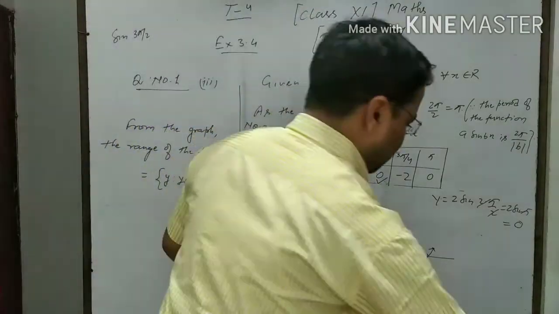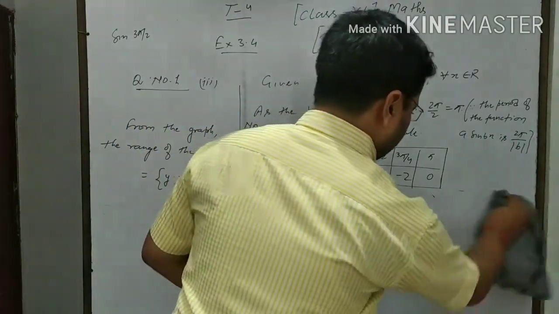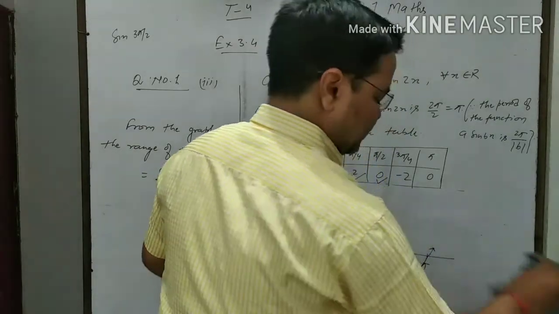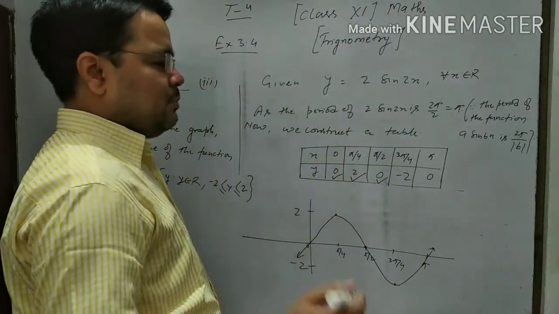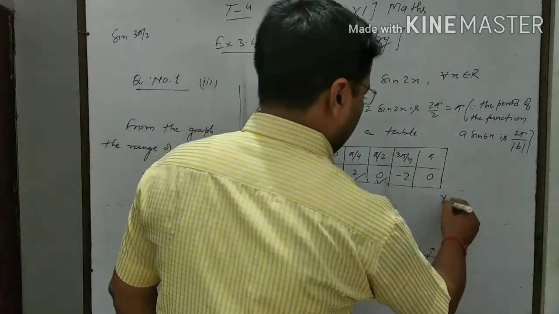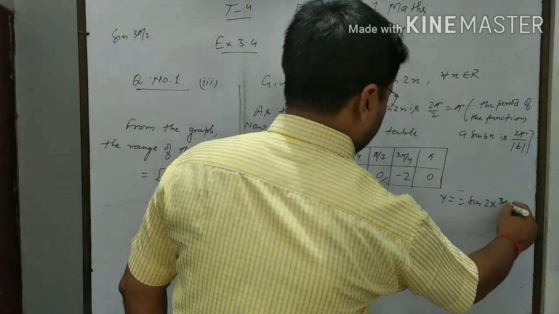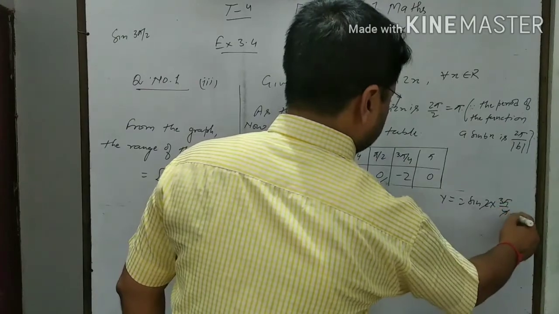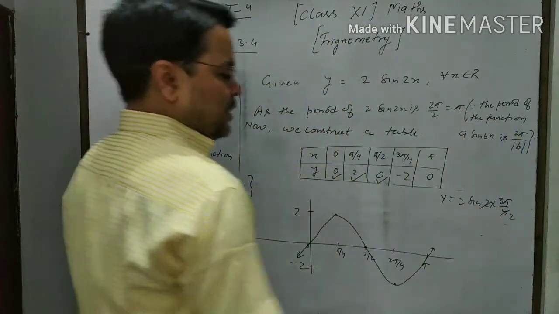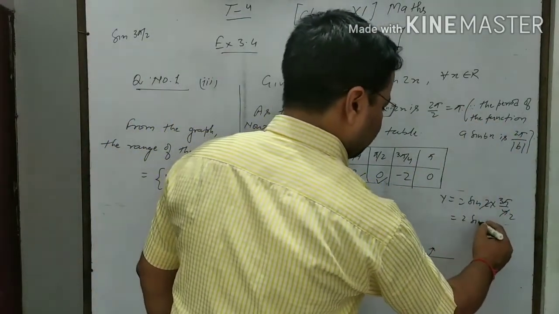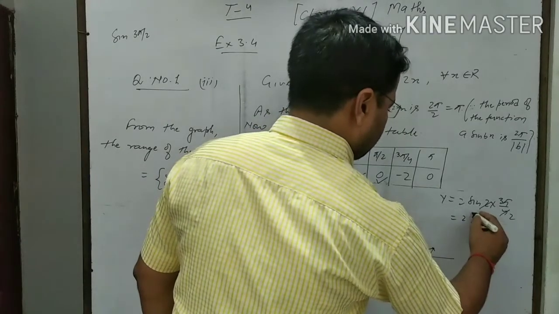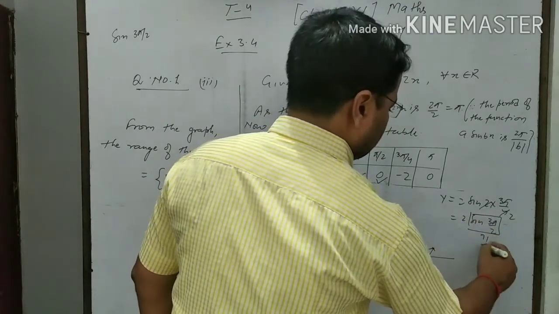Similarly, we can calculate the value of the function at x is equal to 3 pi by 4. Then y is equal to 2 sine 2 into 3 pi by 4. Here its value will be 2 sine 3 pi by 2. But sine 3 pi by 2 is equal to minus 1.